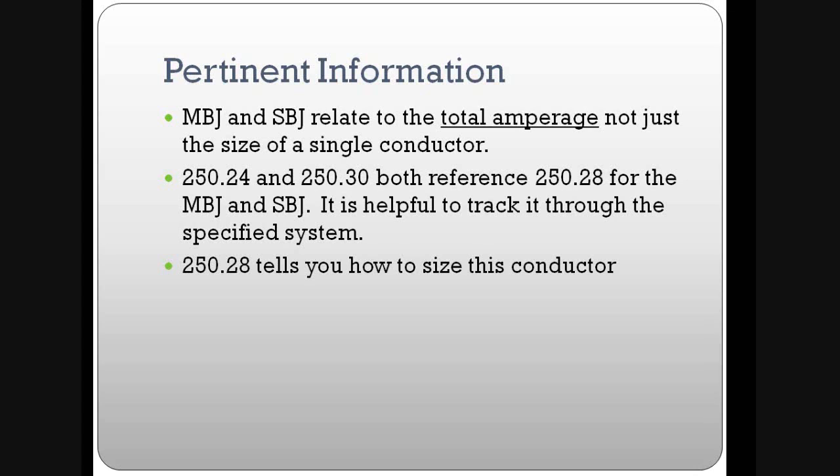It is helpful to track through for the specified system, though, because 250.24 and 250.30 will point us to 250.28 when it comes to the MBJ and SBJ. But we're going to jump straight to 250.28, which tells us how to size this conductor.